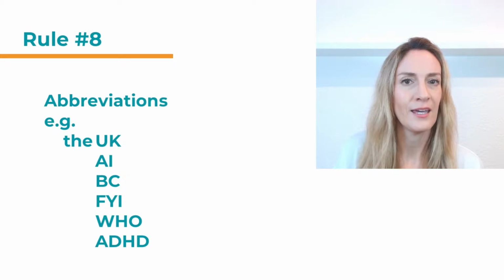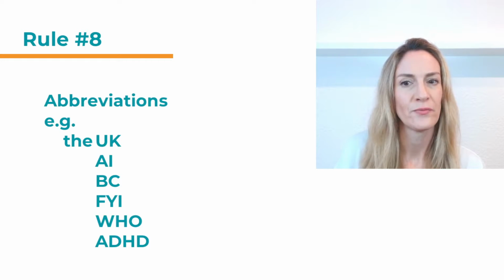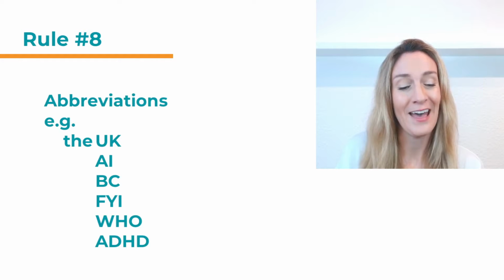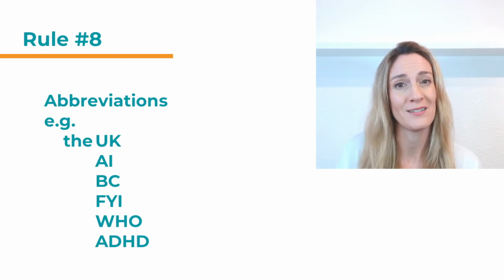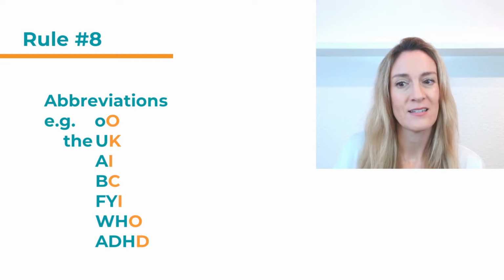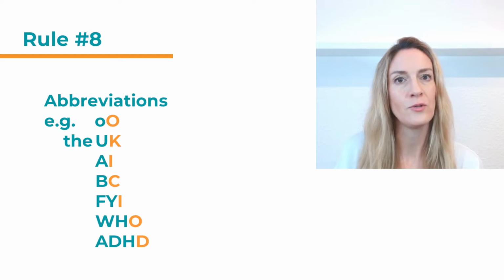The UK, AI, BC, FYI, WHO, ADHD. Now, hopefully, you've been able to hear that one of the letters is more prominent, and it is usually the last letter. So the UK, not the UK.